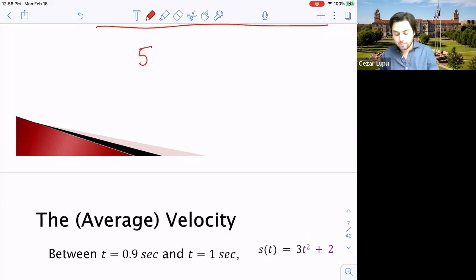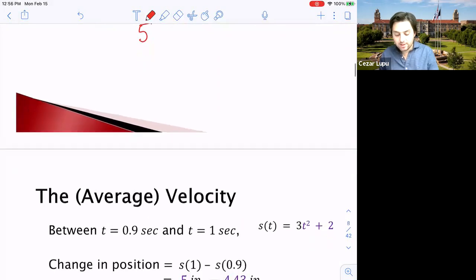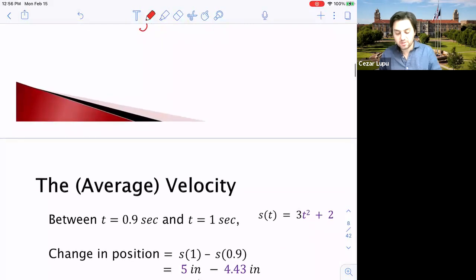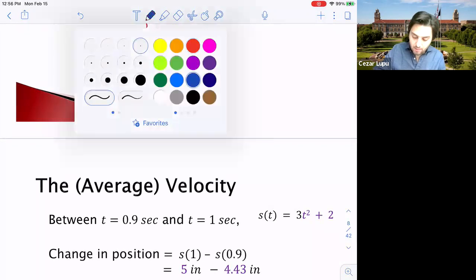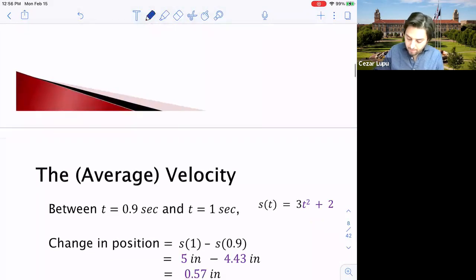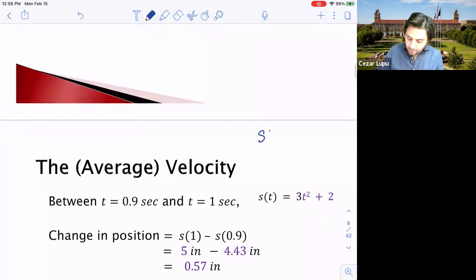All right. And now let's see what is the change in the position. So the change in the position is s of 1 minus s of 0.9. But s of 1, if we plug it in, will be 3 times 1 squared plus 2, which will be 5, right?